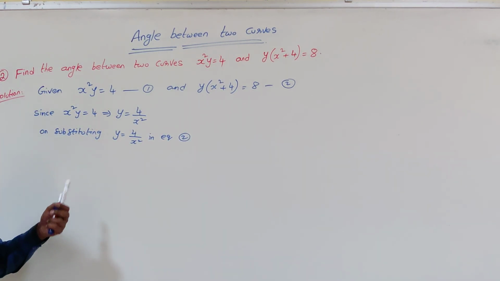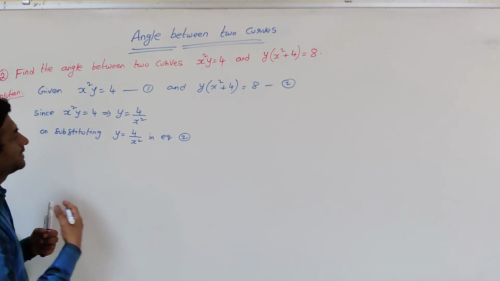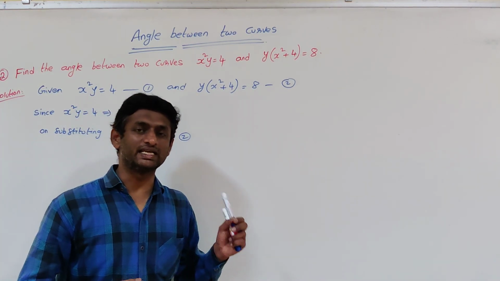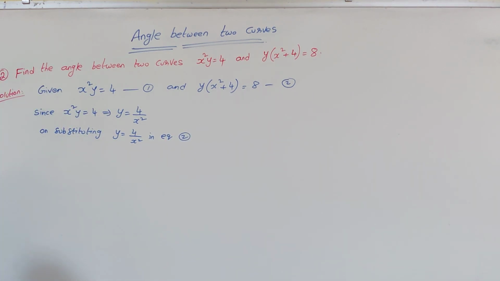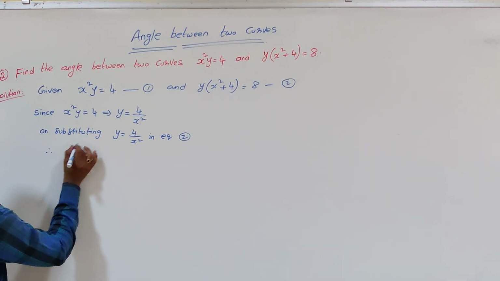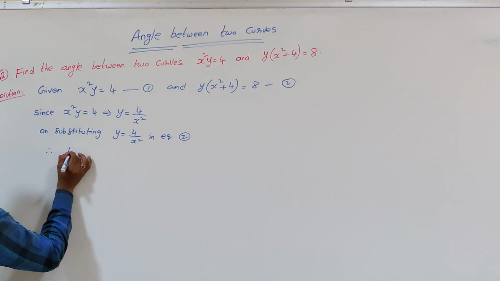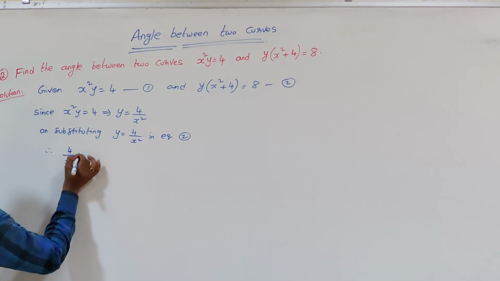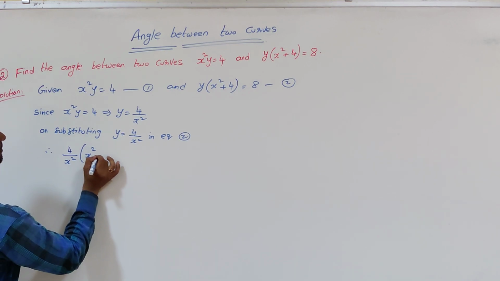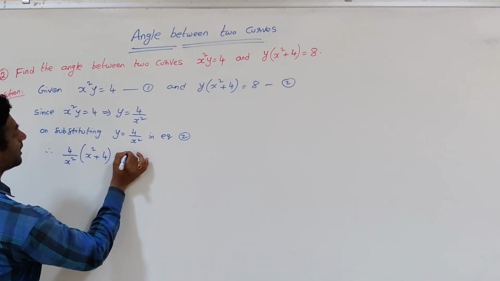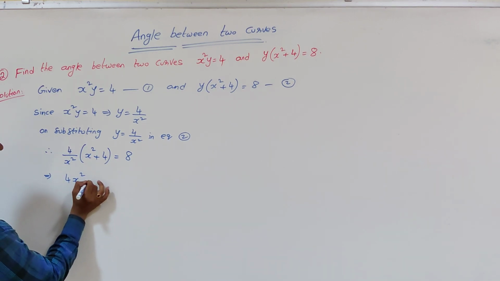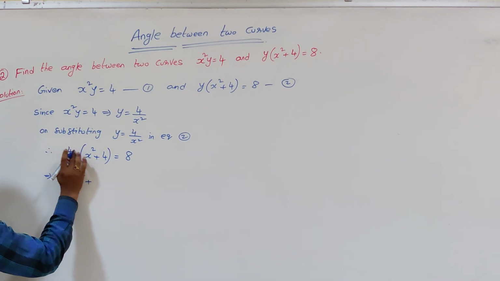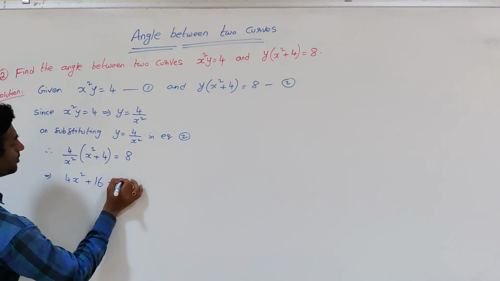So what we get? The entire equation will be reduced into a single variable either in terms of x or in terms of y. Therefore 4 by x square times of x square plus 4 is equal to 8, or 4x square plus 16 is equal to 8x square.